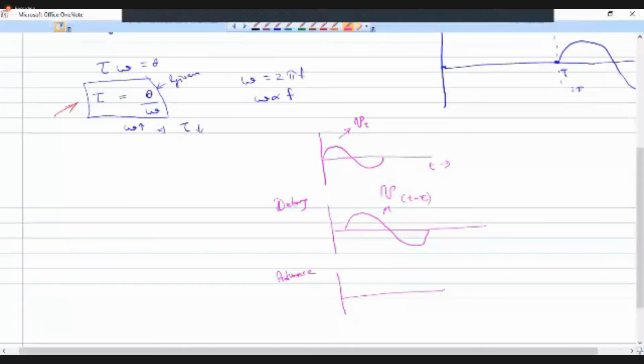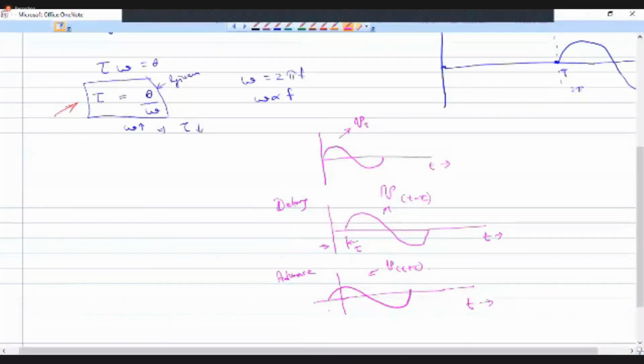If I do, this is advanced by an amount equal to this tau. Advance this function by an amount equal to tau if I do v of t plus tau, right?